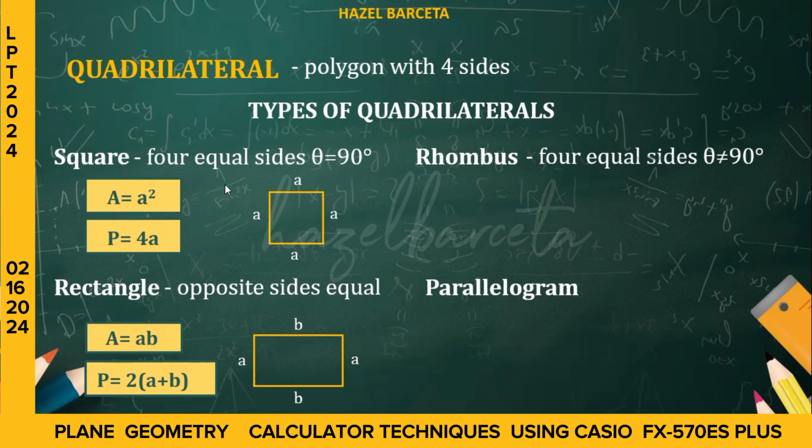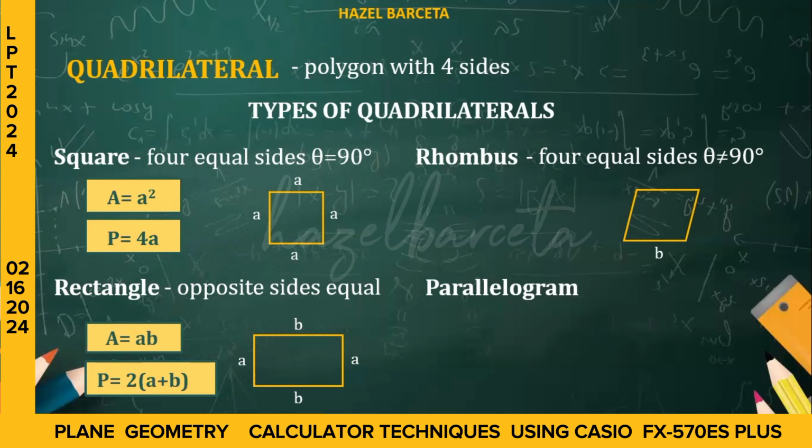Both rectangle and square have theta equal to 90 degrees. Rhombus, however, has 4 equal sides, but theta is not equal to 90 degrees, just like parallelogram. Kaya pinagsama po natin yung 4. So, dito, equal sides. Counterpart po siya ng ating square. Yun nga lang, hindi siya equal to 90 ang theta.